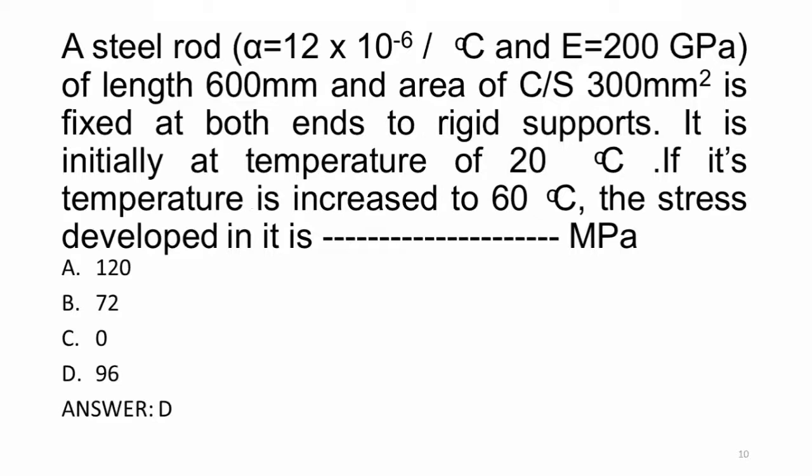So option D is correct, 96. There is nothing different here, same as the previous question. Alpha TE will be the equation. Alpha is 12 into 10 raised to minus 6. T is 60 minus 20, which is 40, and capital E is 200 gigapascal. Convert this into megapascal.